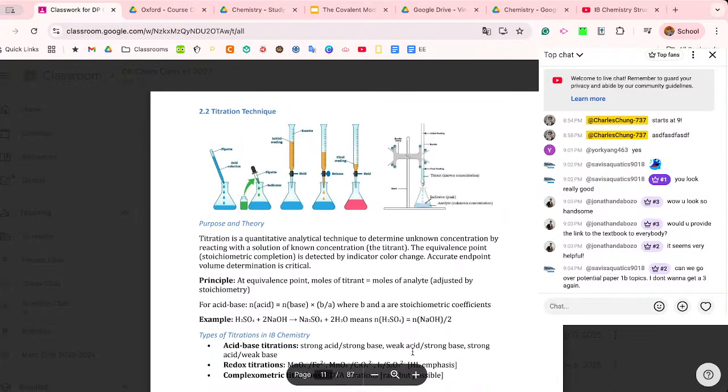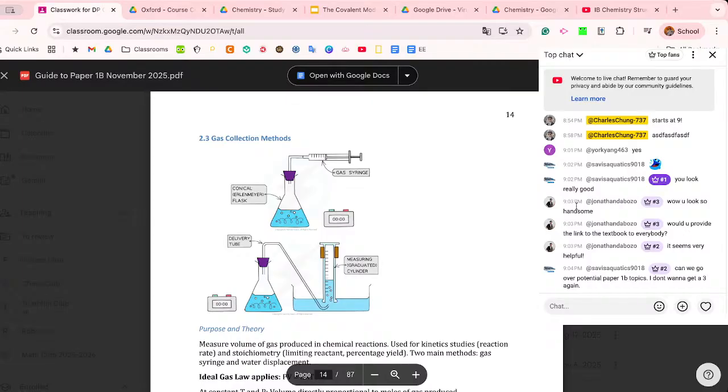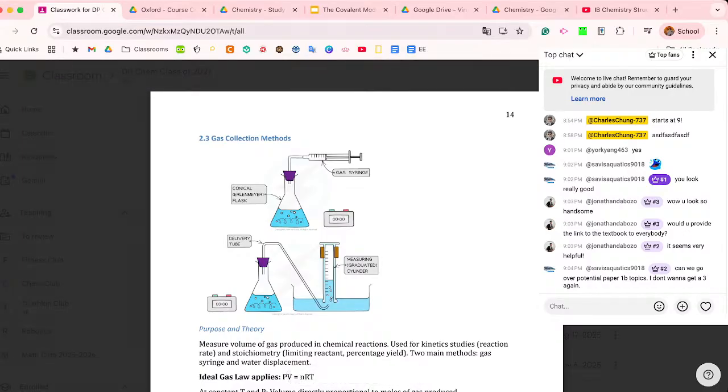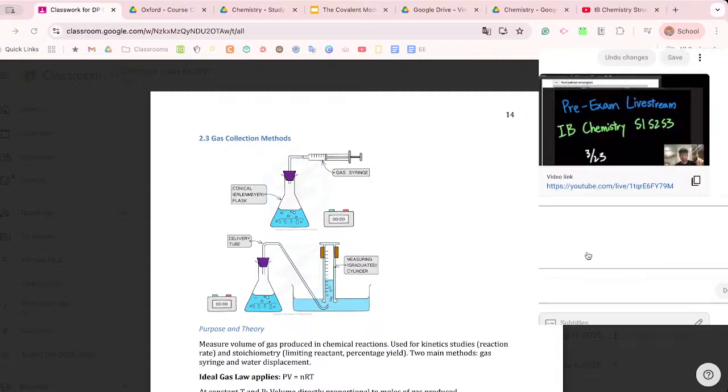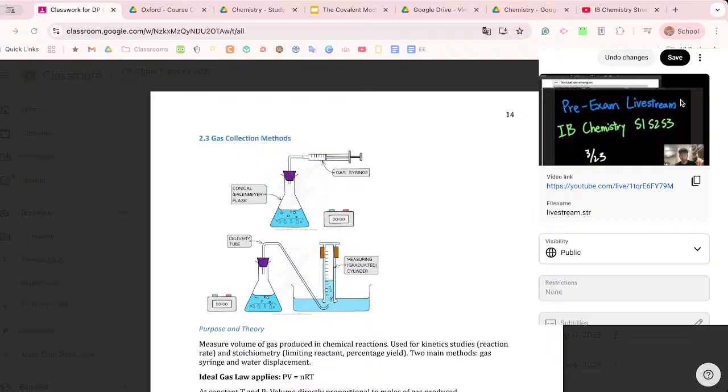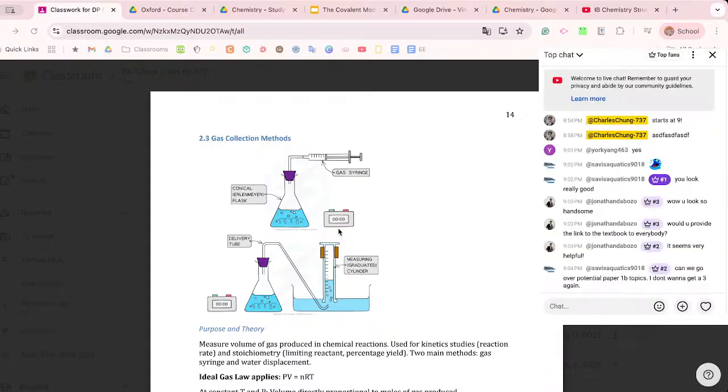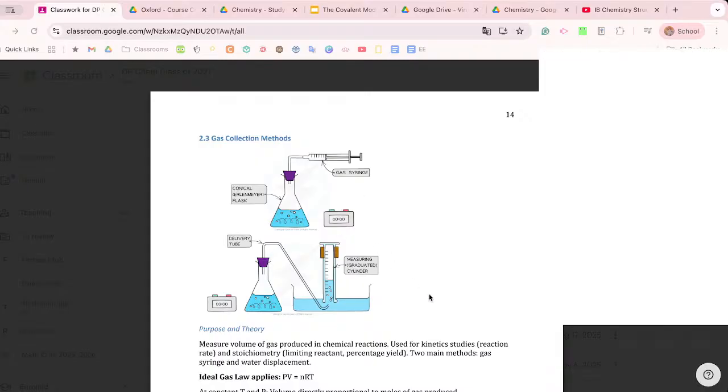So this is titration and gas collection. We did this one, yeah. Why is there only... Oh, I didn't change this to public. Oh no. Did it work? Oh no, that's right.